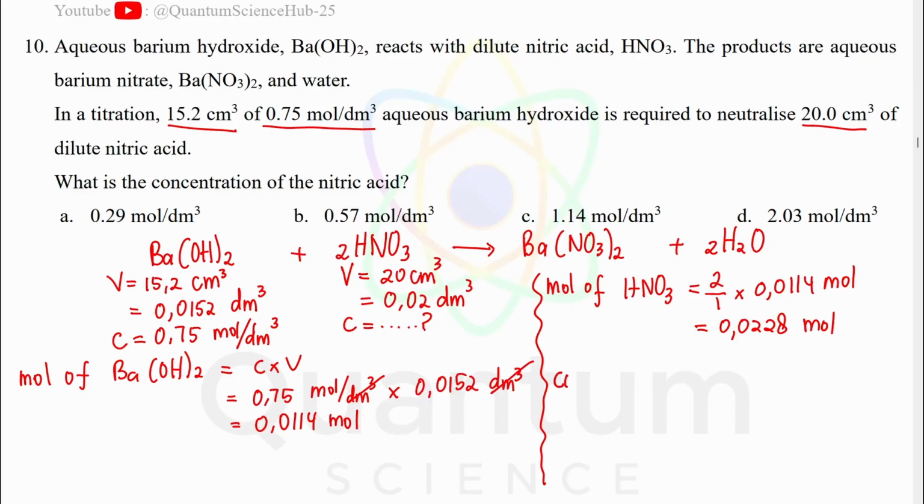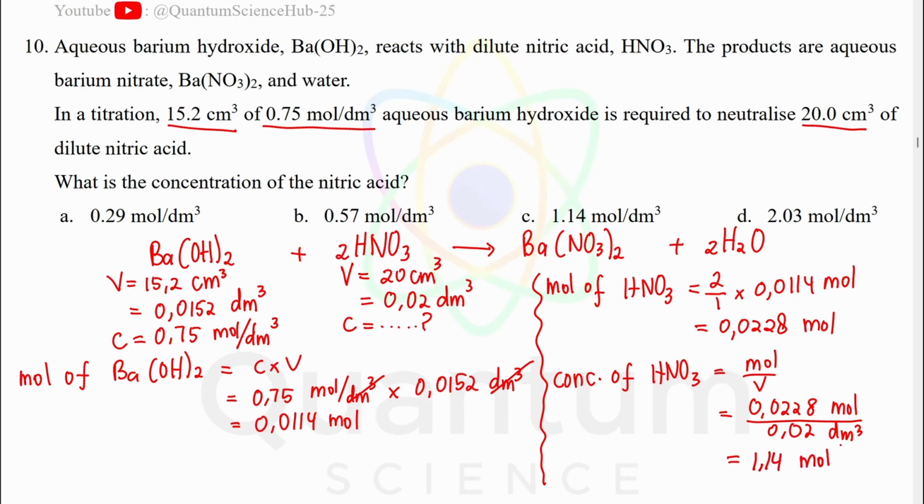Next, finally, we find the concentration of HNO3 equals mole divided by volume. How many mole? 0.0228 mole divided by 0.02 dm cube. So it equals 1.14 mole per dm cube. So the correct answer here is C.